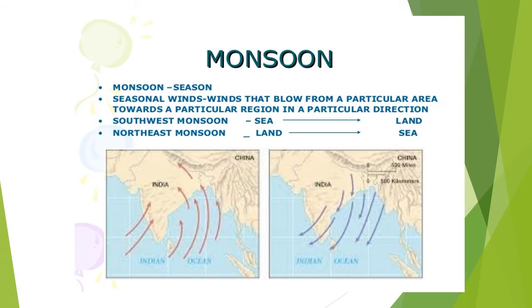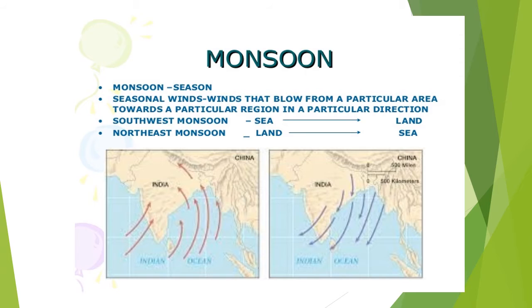So monsoon season, usually in India, seasonal winds are the winds that blow from a particular area towards a particular region in a particular direction. So we face two kinds of monsoon, southwest monsoon and northeast monsoon, right?